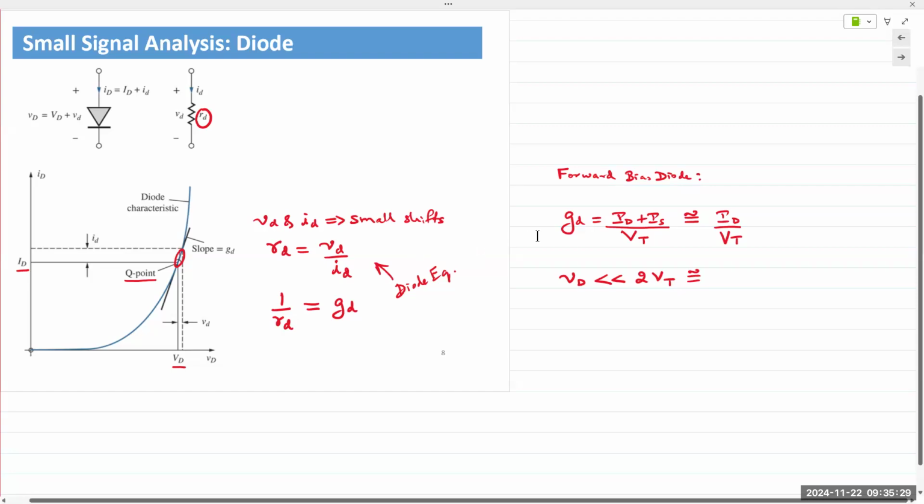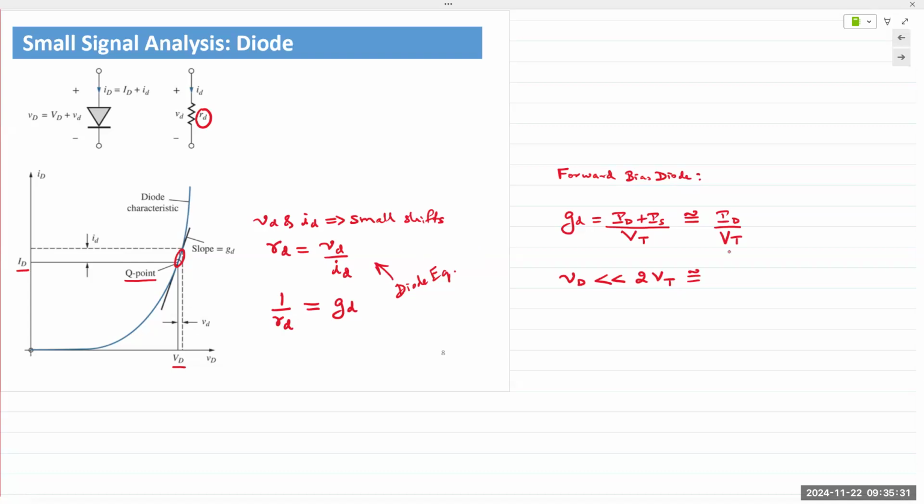So we can write that the shift must be far, far less than 50 millivolts.